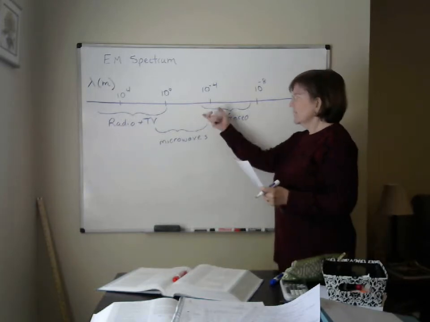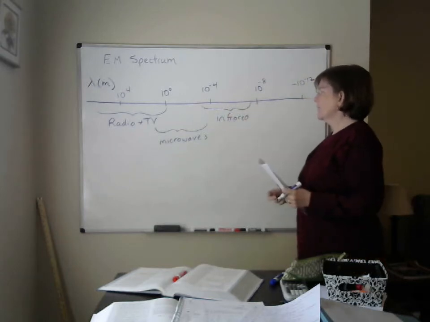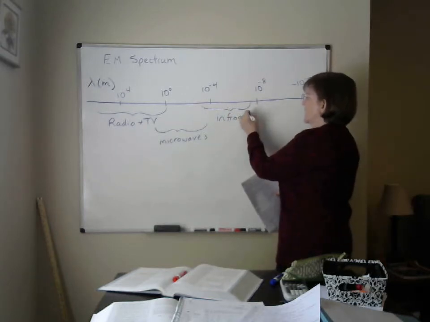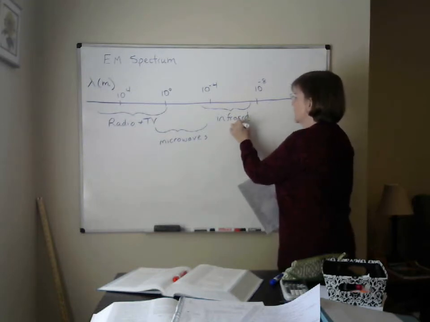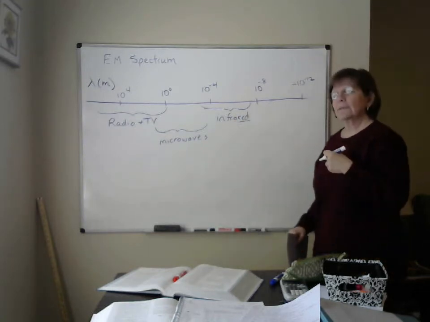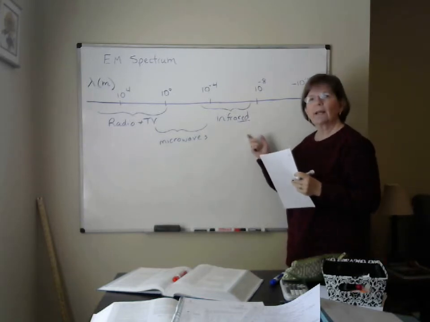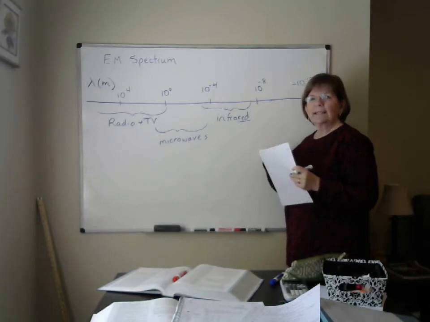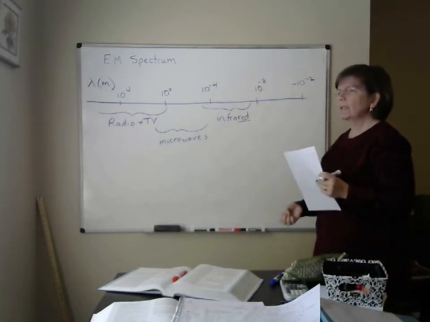If we go up a little farther, to somewhat shorter wavelengths, we get into what we call infrared radiation. Infrared radiation, notice the word red here, is right next to red in the visible spectrum, but we cannot see infrared radiation. We can sense it, however. Just like we can see light, we can also sense infrared.